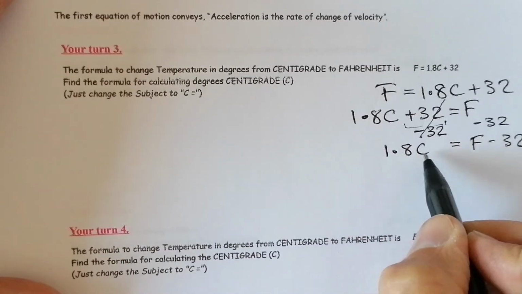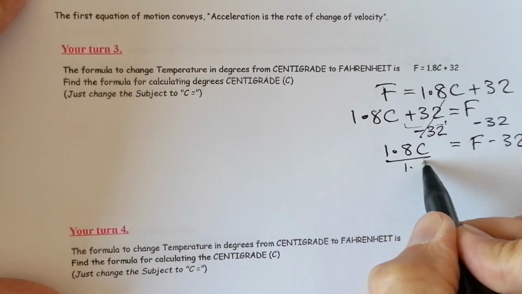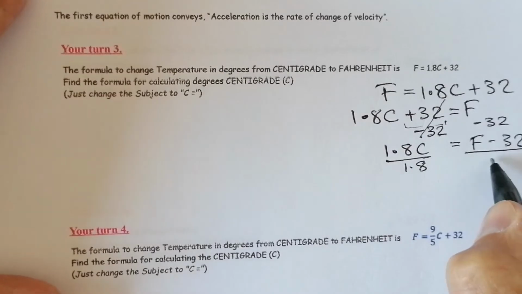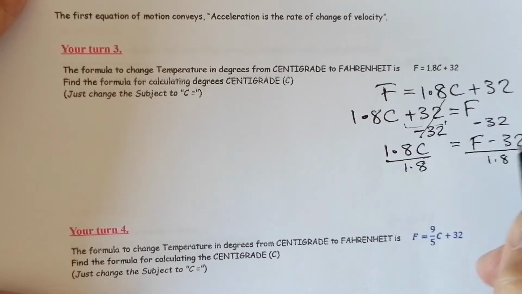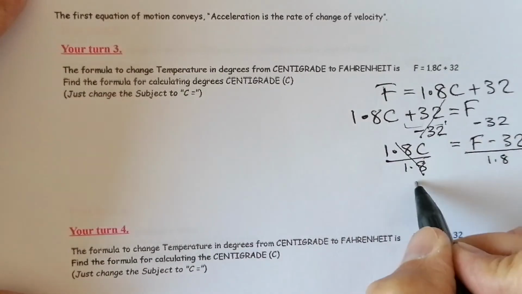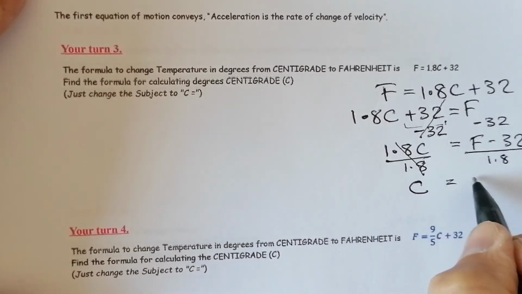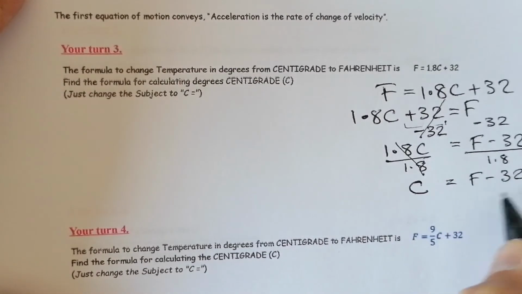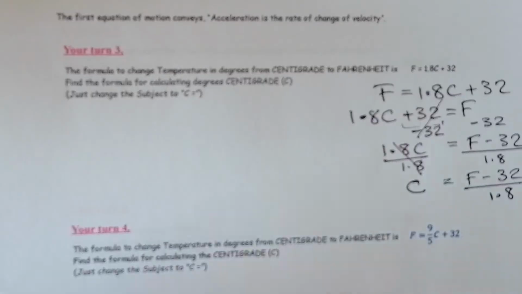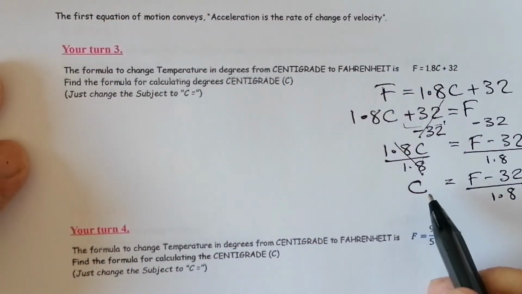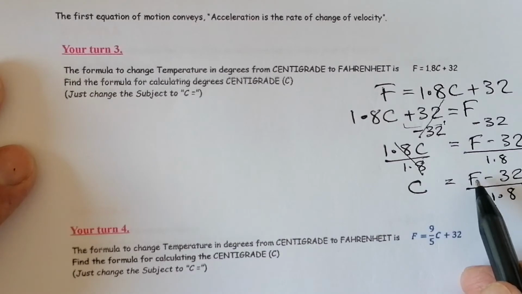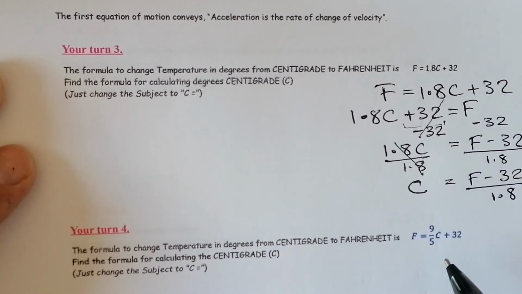I don't want 1.8C, so I'm going to divide by 1.8 on the left, and I'll divide everything on this side by 1.8. It eliminates the number there, which leaves me with C is equal to F minus 32 over 1.8. So there's a way that I can calculate the degrees centigrade if I know what the Fahrenheit temperature is.